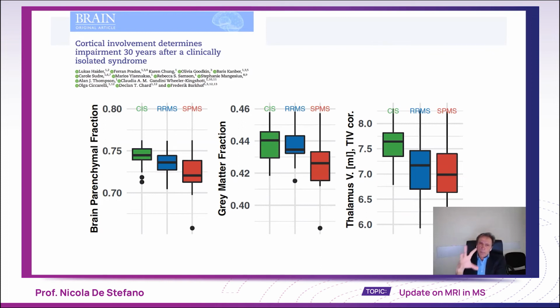Most of the damage and most of the brain loss is actually in the gray matter fraction, talking about cortical gray matter, but thalamus as well. So gray matter is probably the location in which we actually get this atrophy, and mostly this atrophy.